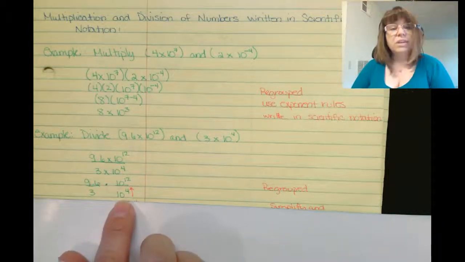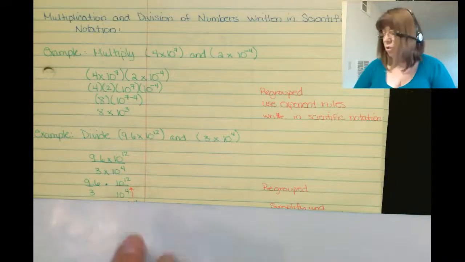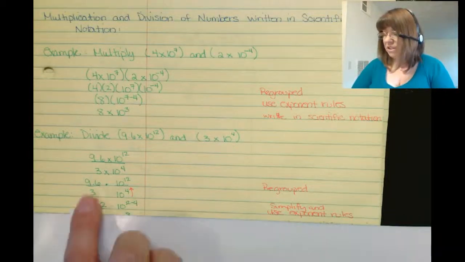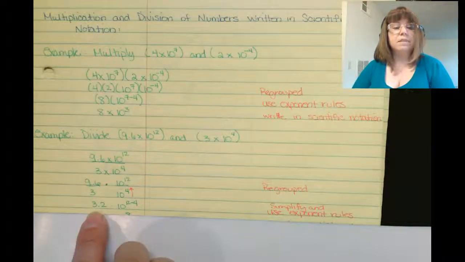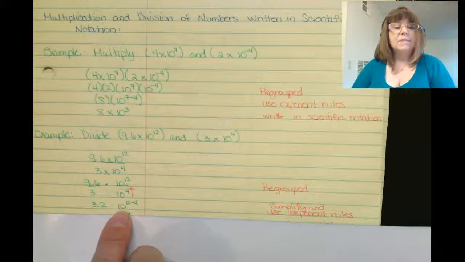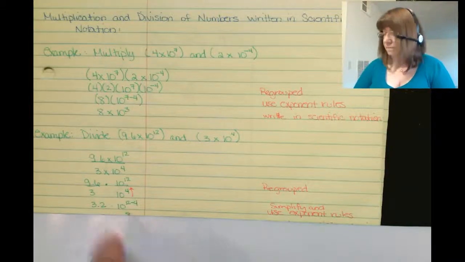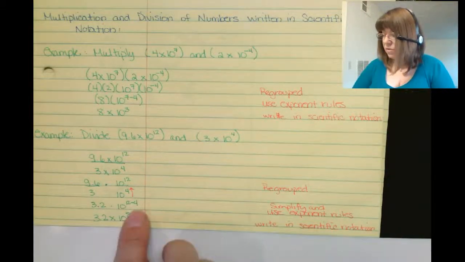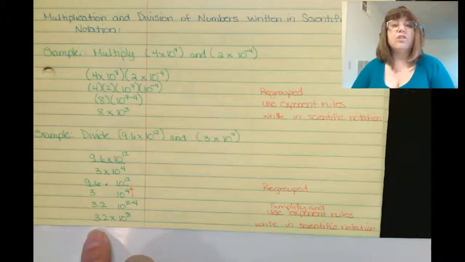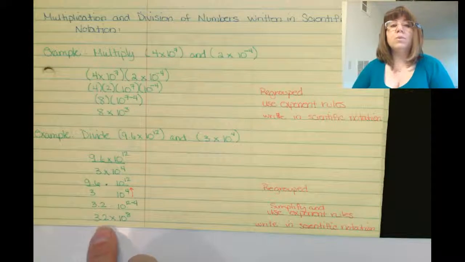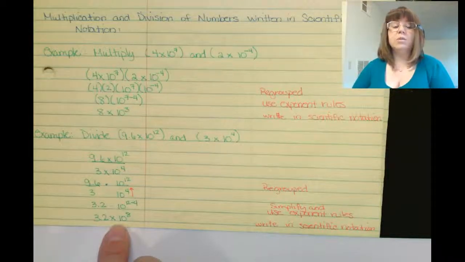Since 10 to the 4th is smaller than 10 to the 12th, I'm going to bring it up into the numerator. So I've done the division. 3 goes into 9.6 3.2 times, and 10 to the 12th minus 4 is 10 to the 8th, and now I write it in scientific notation. So that's going to be 3.2 times, using the old symbol, 10 to the 8th.